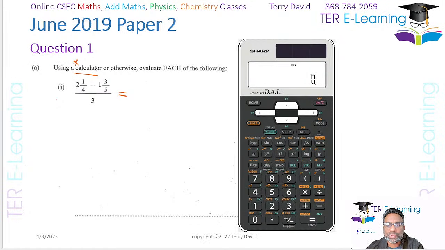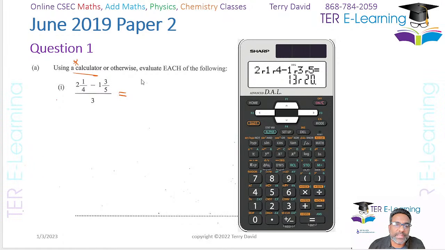So I'm going to press 2 1/4, so we're using the fraction part of our calculator here, minus 1 3/5. We're going to get 13/20.